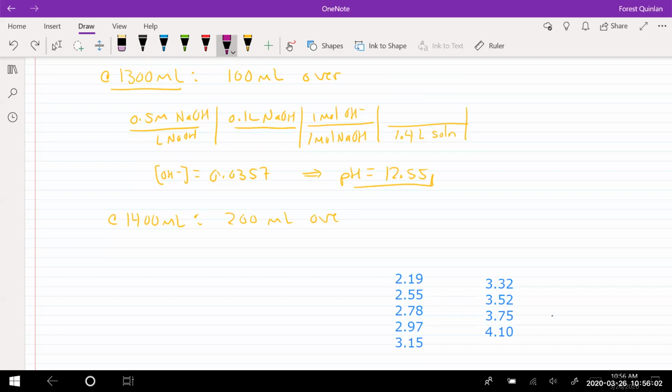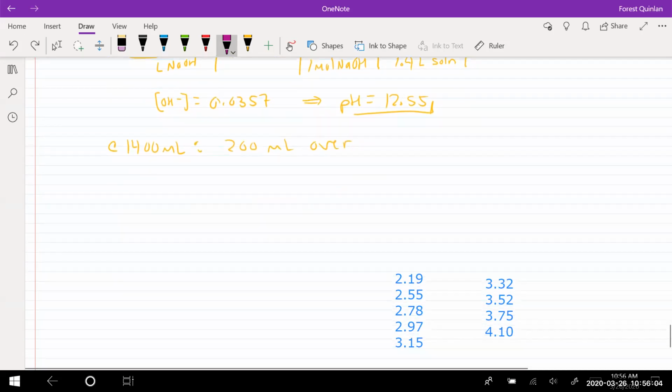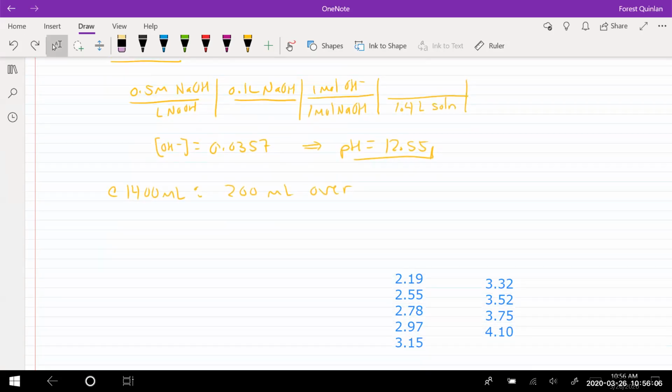Oops. There we go. So now it is 0.5 moles per liter of the NaOH. We're now at 0.2 liters of the NaOH.